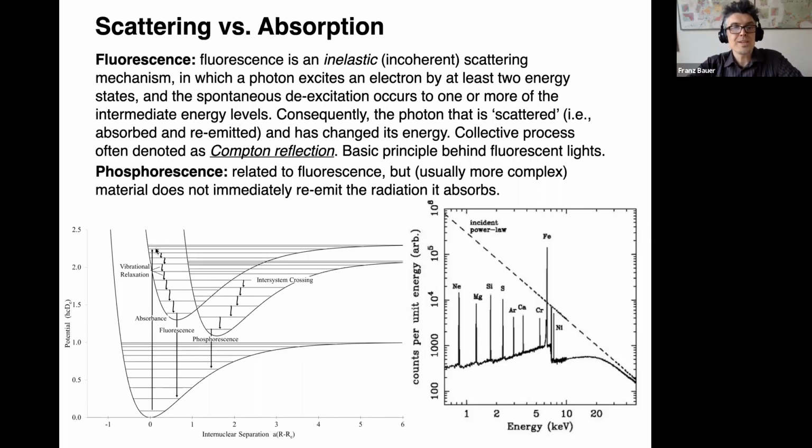Or you can actually get a cascade of photons. So this is an example where a photon comes in and pops this electron up to this level here. And then what happens is you get a cascade of photons which come down here. And these are what's called vibrational relaxation.